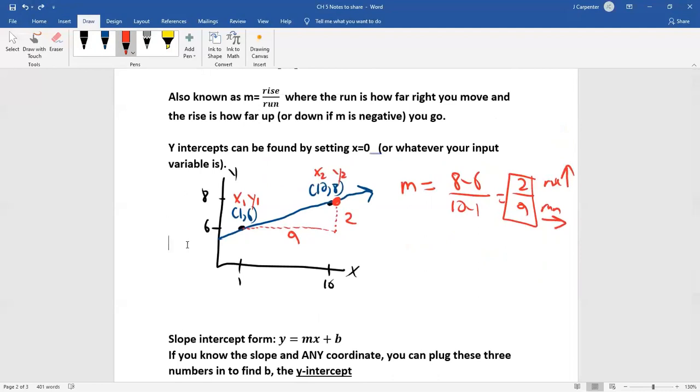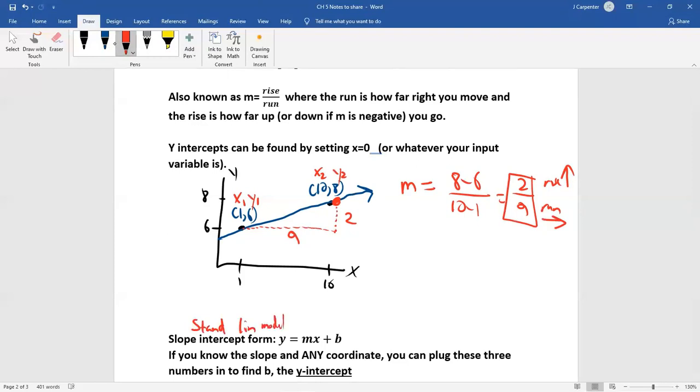Slope-intercept form, which you've already seen and you just didn't know it. y equals mx plus b. This slope-intercept form is the exact same as a standard linear model.